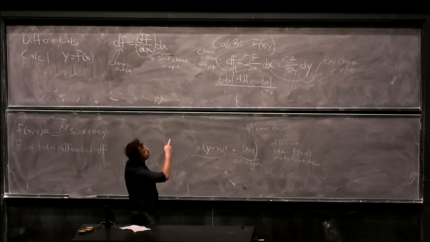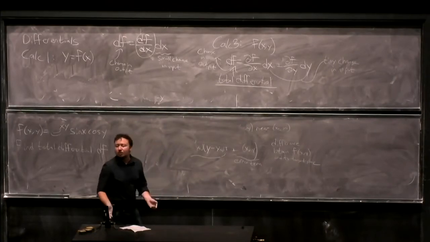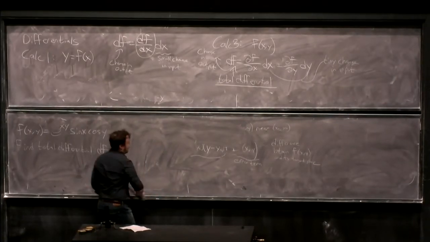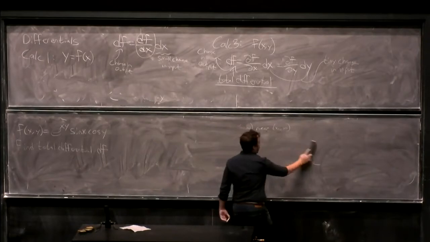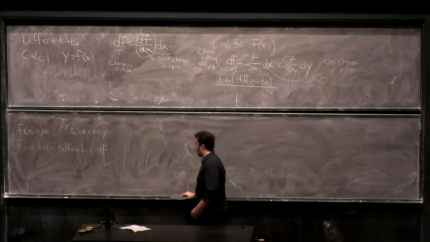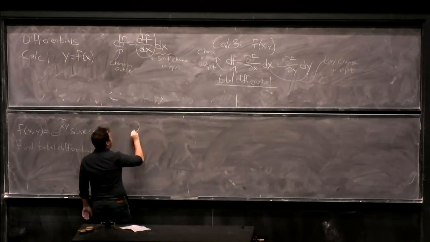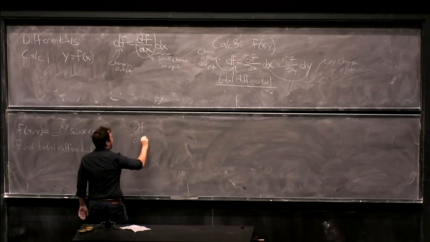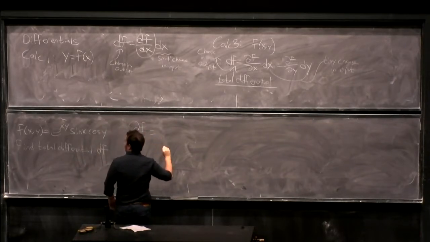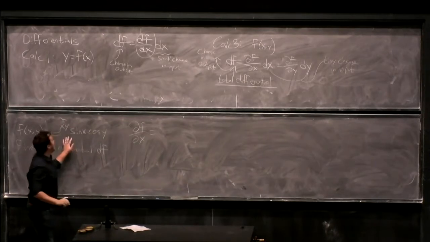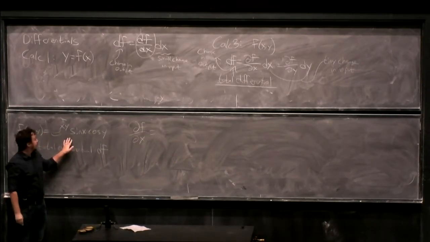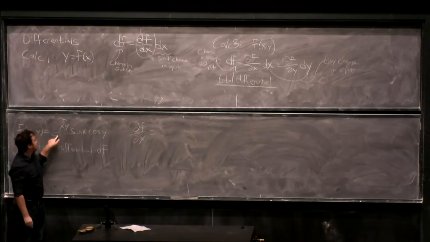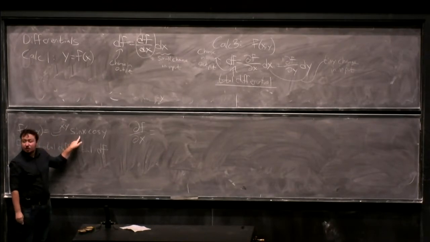So we need to find df. Well, the formula for df is we need to know both of the partial derivatives of this function. So let's do that. Let's see, so partial f partial x. Well, unfortunately we're going to need to do a product rule for this. So I have this as a function of x and that as a function of x.